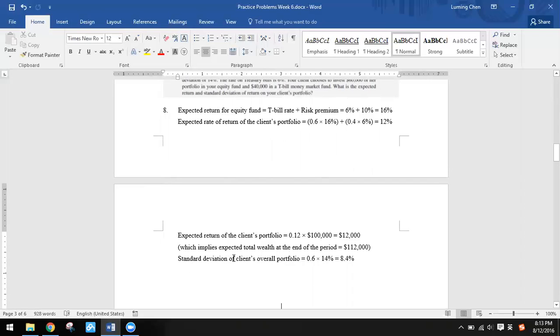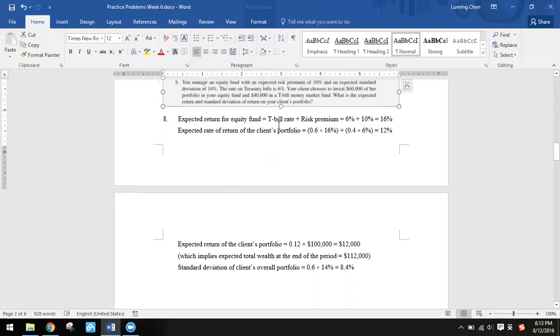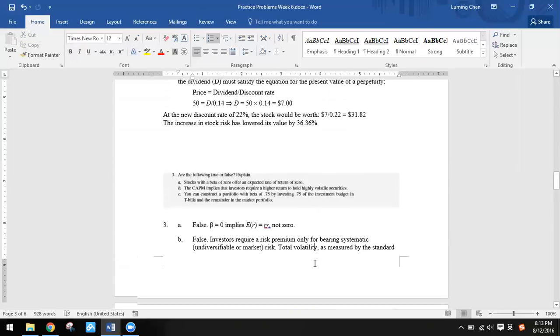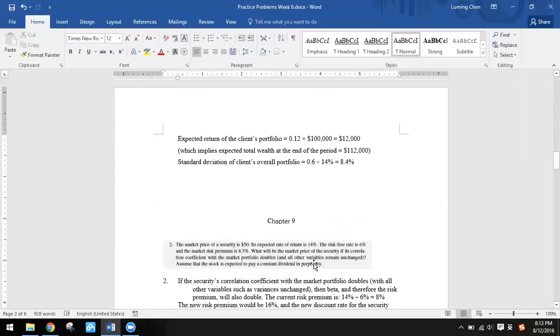Only this fund has standard deviation, which is 14%. So the total standard deviation of this portfolio is 60% times 14%.